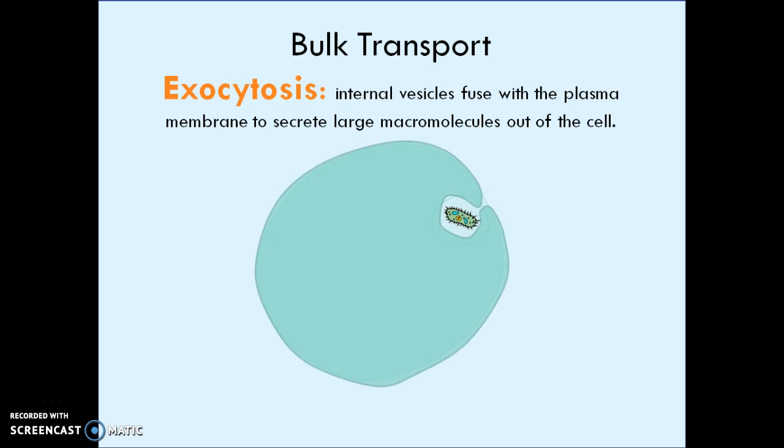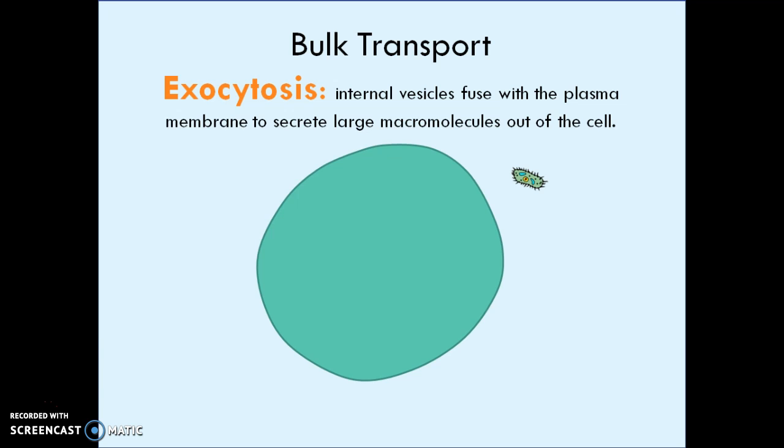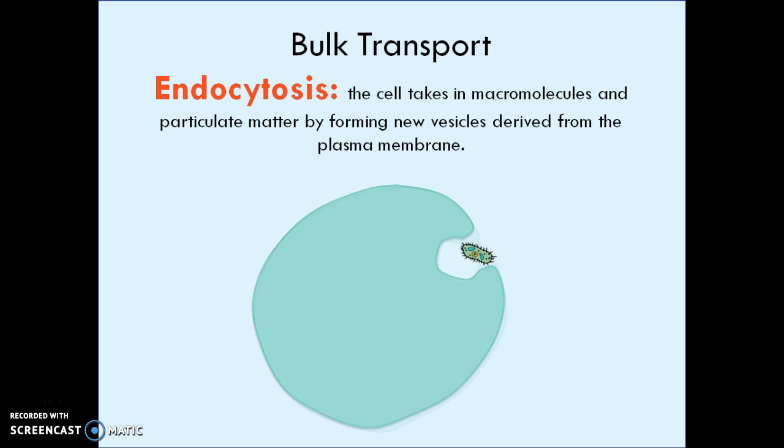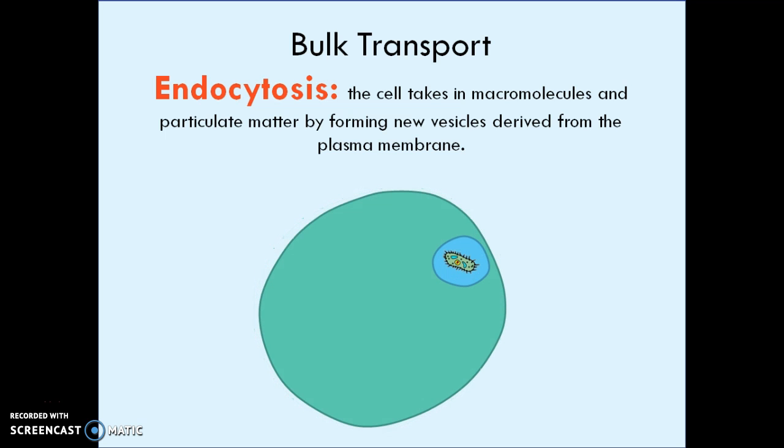So maybe the cell is getting rid of some large waste products and expelling this little particle, or maybe it's produced a big protein that it needs to secrete out. Now, the opposite is called endocytosis. This is when the cell is going to take in macromolecules or other particulates by forming a new vesicle from the plasma membrane as it changes shape and brings the particle in.